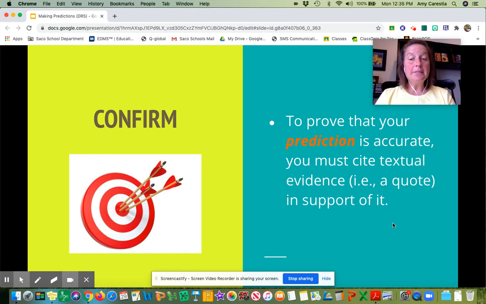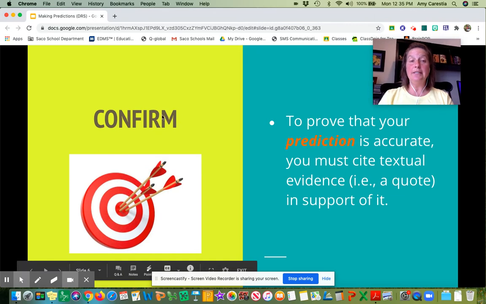Now, sometimes if it's your own choice novel, like you've purchased it, then you can underline or highlight the textual evidence that supports it.